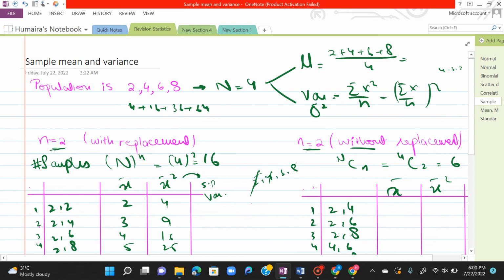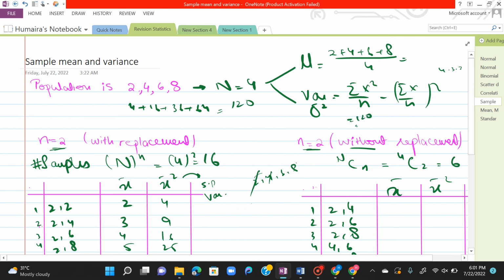So just add them up: 64 plus 36 plus 16 plus 4, it's 120, right?